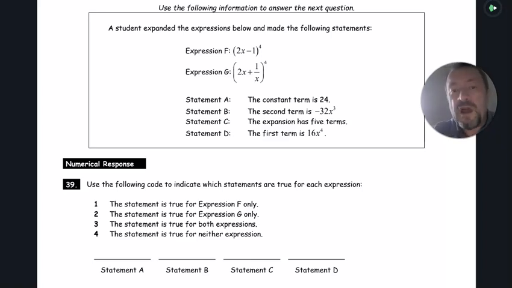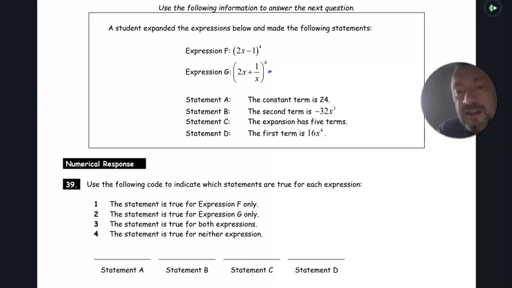Now, remember how this works here. So when I expand this out, the constant term is going to be, in this particular case, where the exponent on the 2x and the exponent on 1 over x match each other. So that I've got the same number of factors of x in the numerator as I have in the denominator.